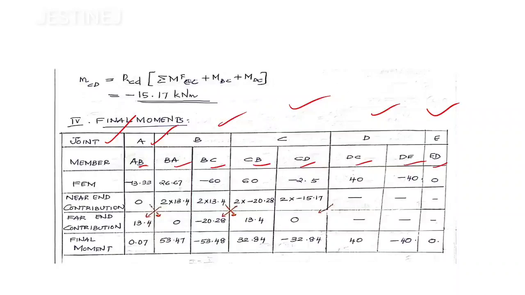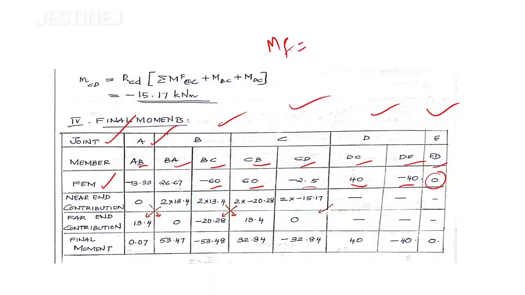Then mark the fixed end moment values, all the values you got: minus 13.33, 26.67, minus 60, plus 60, minus 2.5, then plus 40, minus 40, and for the last overhanging portion there is no value. We know that joint D is actually balanced, so no further analysis is needed.